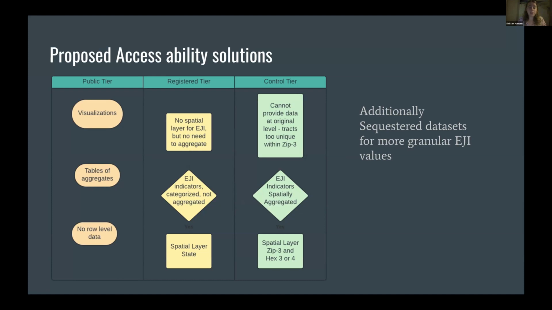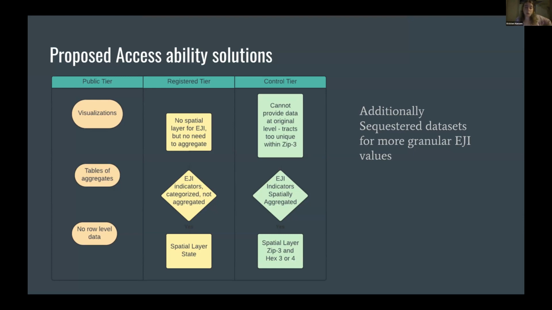You have to categorize the EJI indicators or remove some of the indicators from use. We would prefer to categorize, because there are some researchers that are interested in using, for instance, SDOH data, and they almost always categorize. And if we categorize all the variables to like 10 levels, hopefully not up to quintiles, and then the spatial layer that would be included would be state, but that wouldn't be linked with any sort of aggregated EJI.